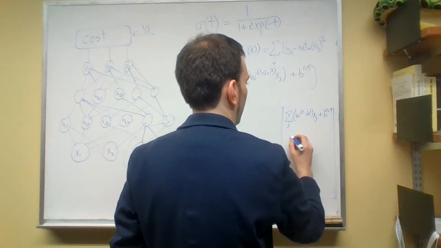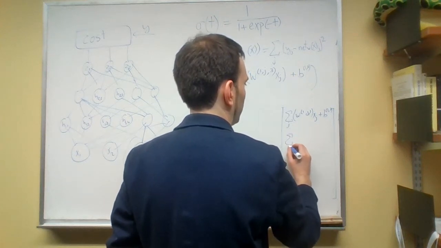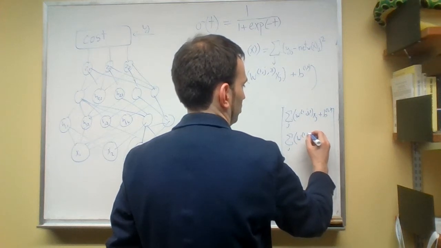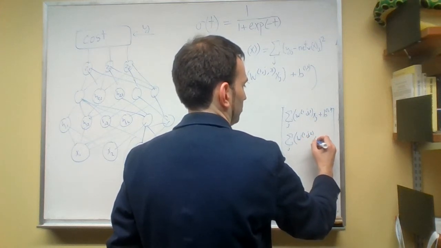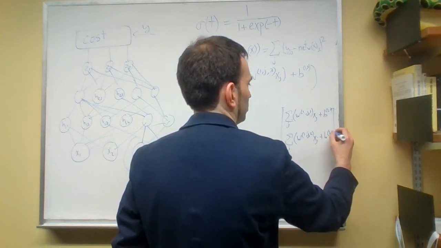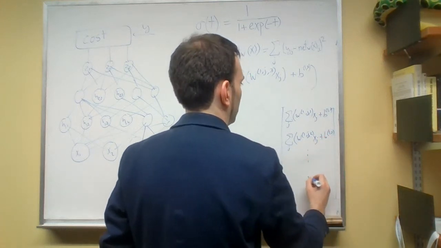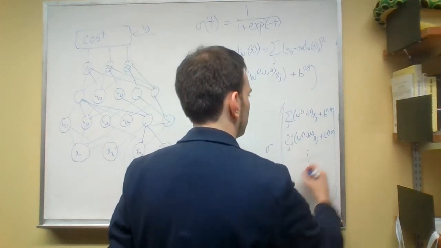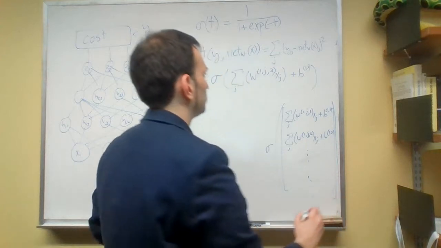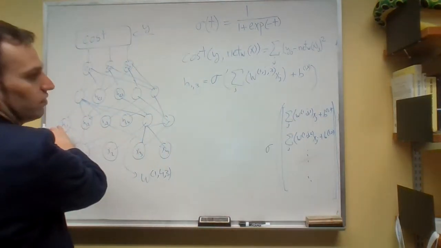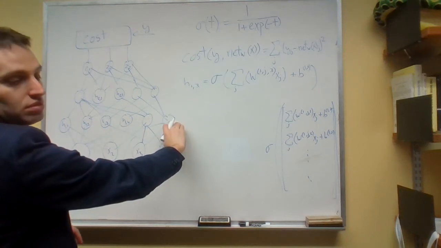And then here you'll have the sum over j of w1j2 xj plus b12, and so on, after which point you can apply the sigma. And that way, what you'll get is a vector that consists of all of the h's here.